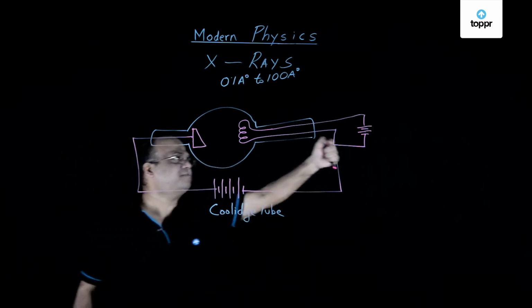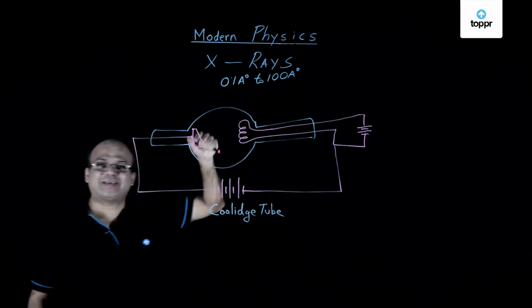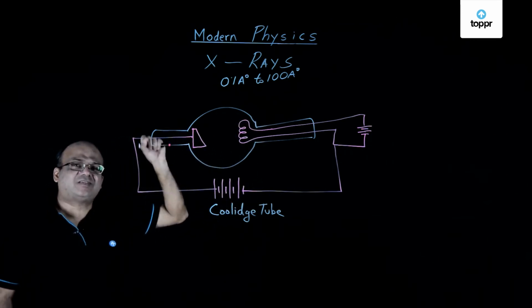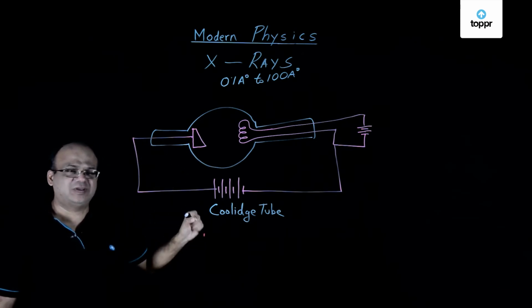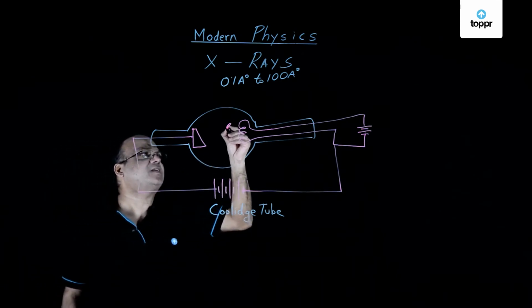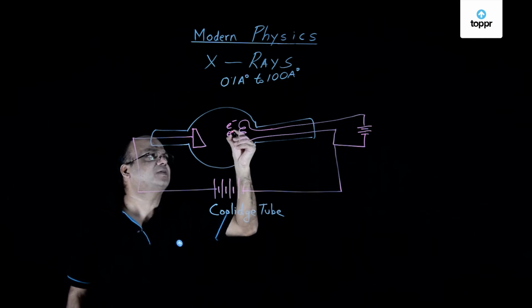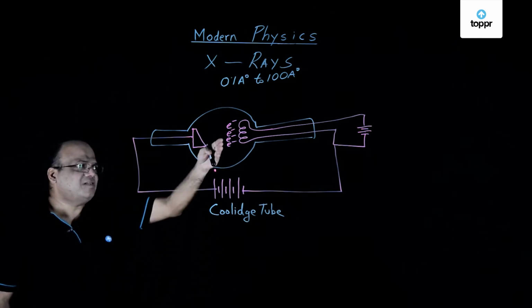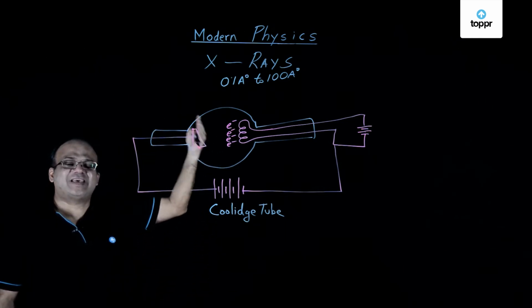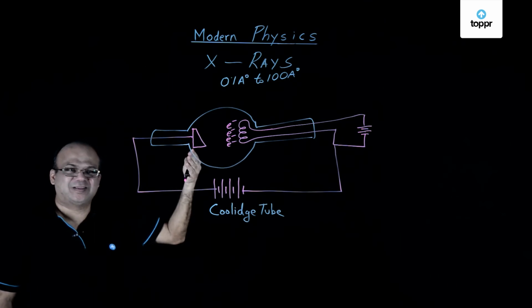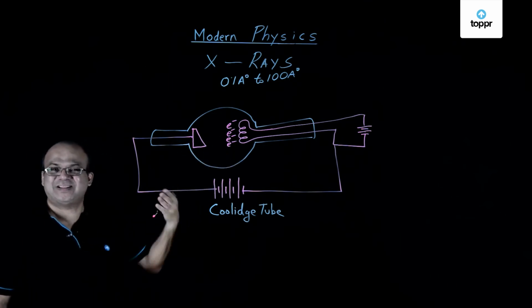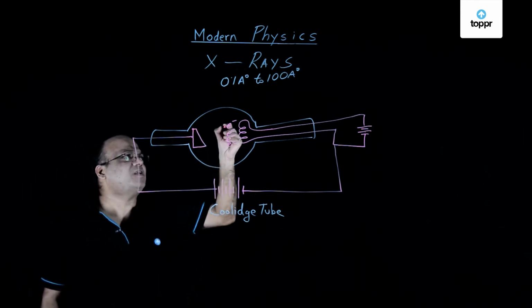Now because of the small battery, the cathode will get heated up. When you heat this, electrons are liberated from the cathode. That process we call thermionic emission. So because of heat, electrons are liberated from the cathode. The electrons move towards the anode, the target. Because this is plus, this is minus, electrons like to move towards the plus side. So electrons move towards the target.